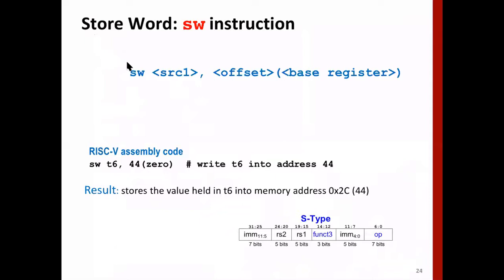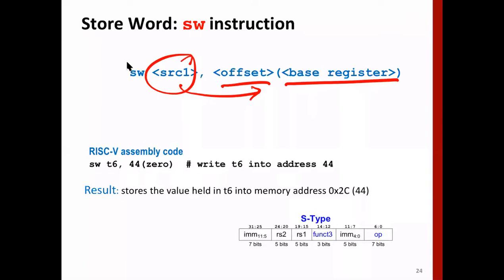So this is very similar. This is a store instruction. When we are storing, we look at the contents of a register and put them into a memory location, right? That location is given by the base register and offset, very similar to what we have done in the case of load.